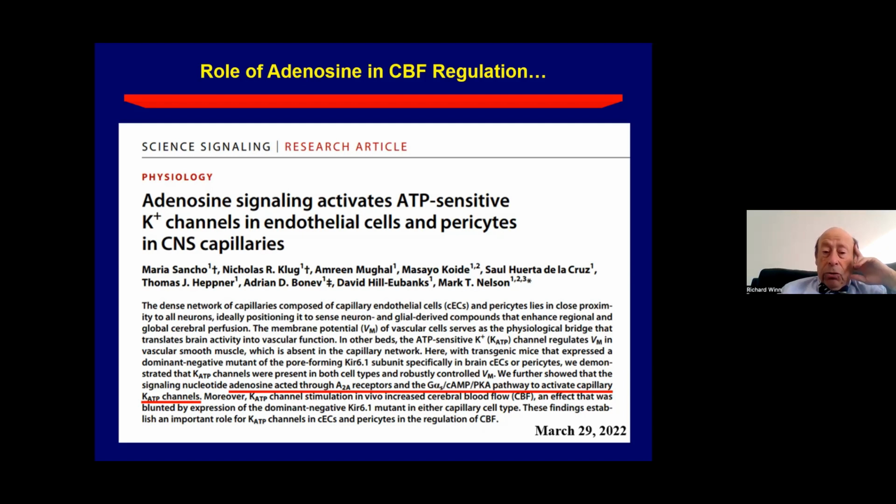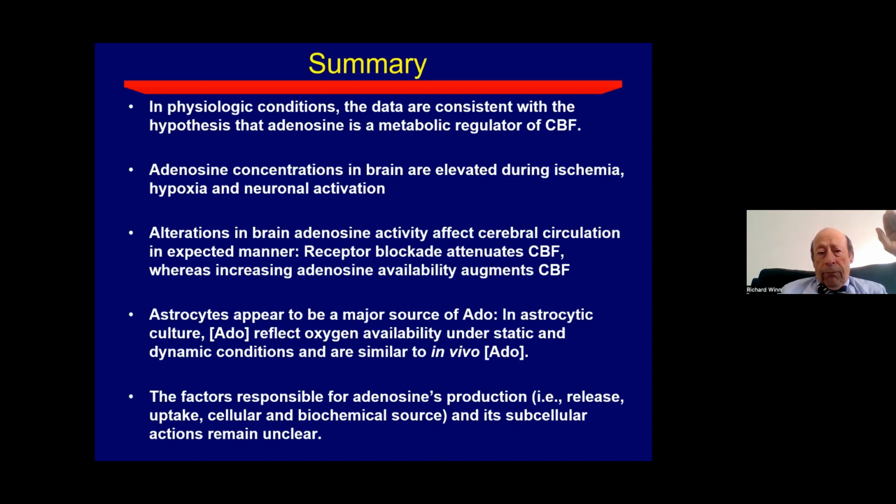What these individuals from the vascular lab at the University of Vermont found was that adenosine acting on the A2 receptor was very critical for the signaling from the capillary bed up to the arterioles, the 40 micron vessels that can also play a role in invoking dilation and increase in flow. So in summary, in physiologic conditions, the data are consistent with the hypothesis that adenosine is a metabolic regulator.